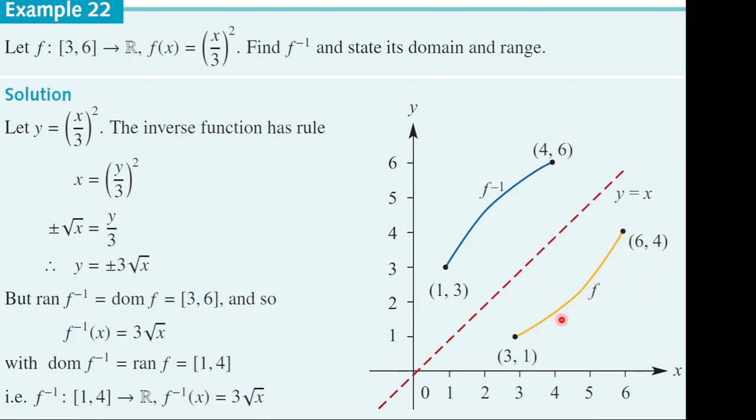And you can see as the function is increasing, the range of f is going to be from 1 to 4. Therefore, it's going to be the domain of the inverse function. So the domain is 1 to 4, the range is 3 to 6, and the rule is 3 root of x.